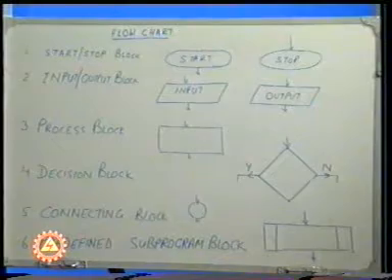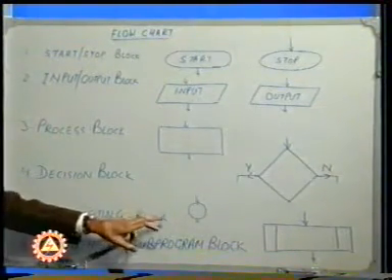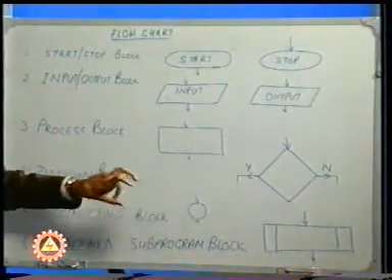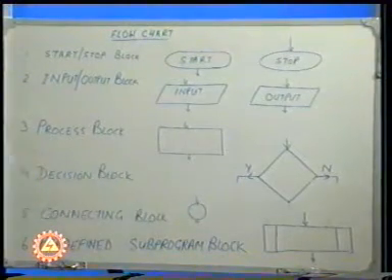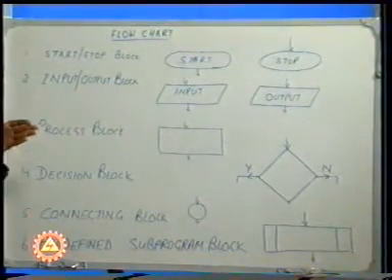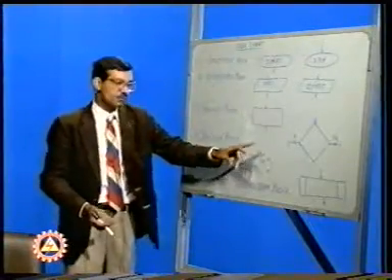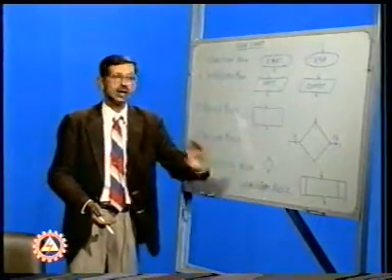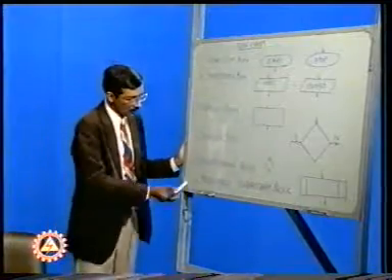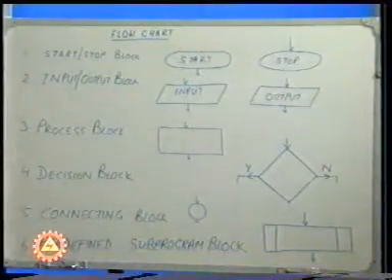Then we have a connecting block. The connecting block is a small circular picture, which is used to connect the flow which is coming from more than one direction. And it may have input as well as output signals. Then we have the predefined subprogram block.